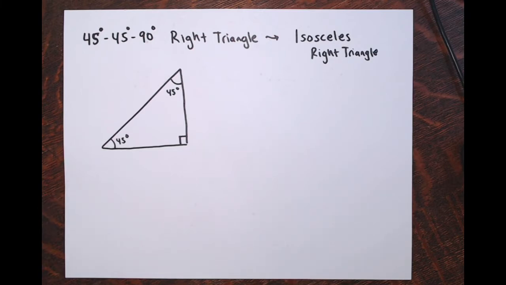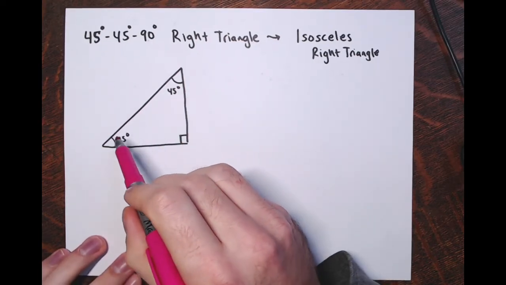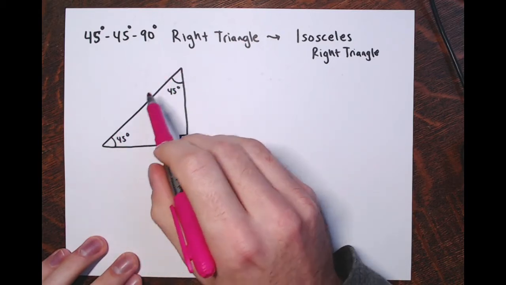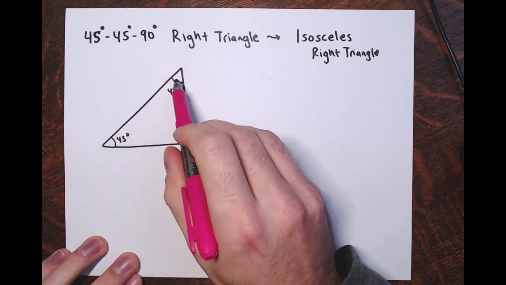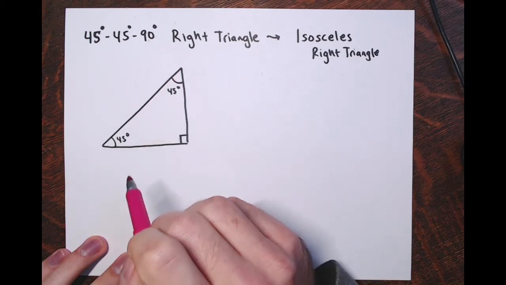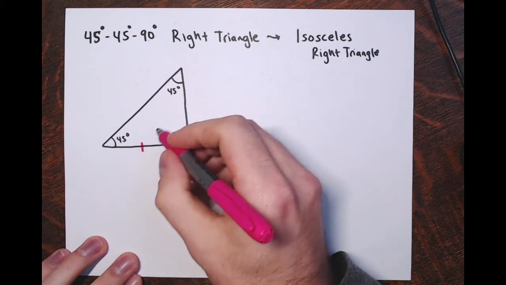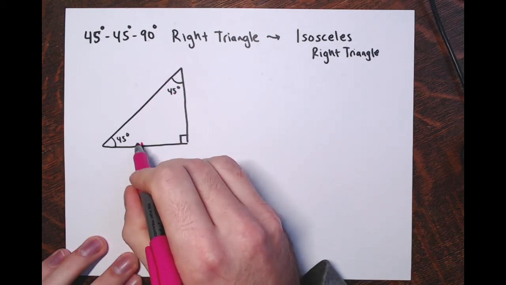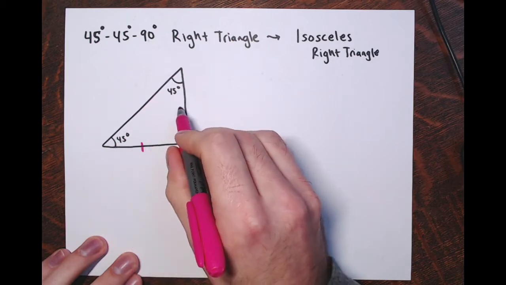Now, you may have seen this before in some geometry class. If you have a triangle and two angles have the same measure, then the sides opposite will be the same length. So the side opposite this 45-degree angle will have the same length as the side opposite this other 45-degree angle.